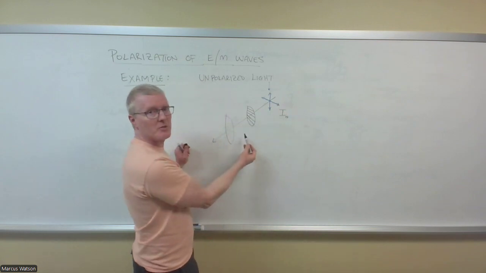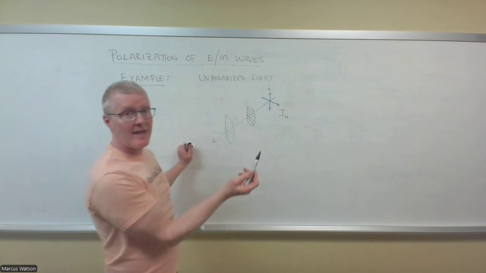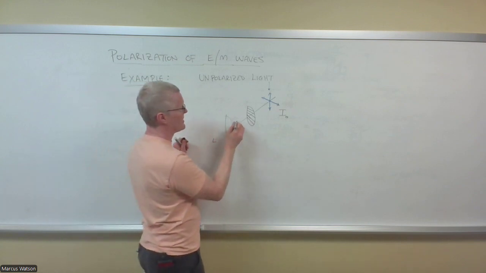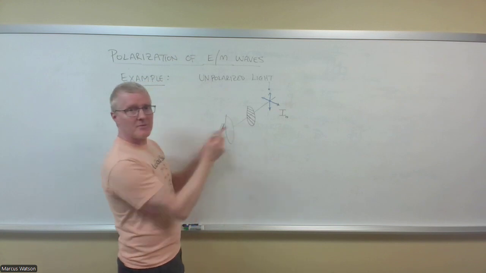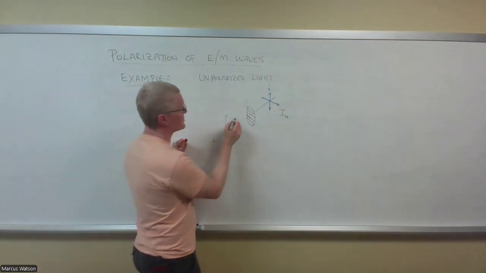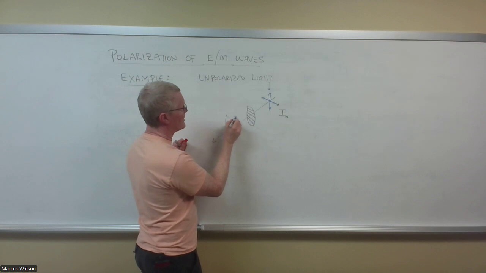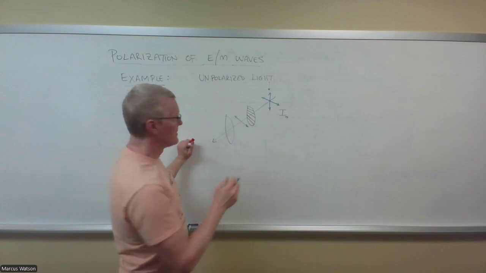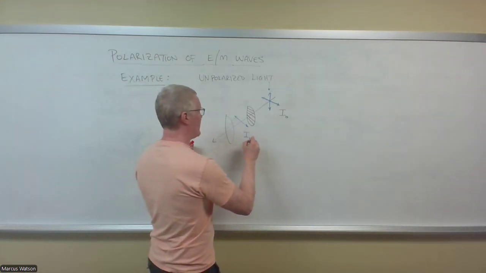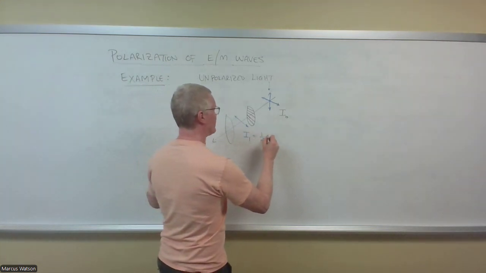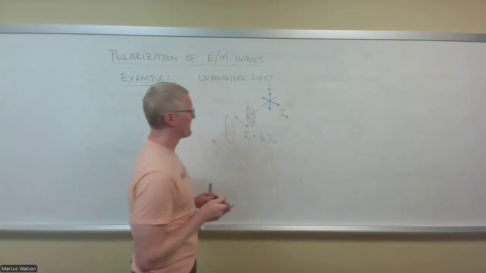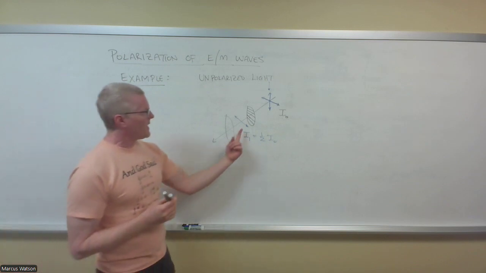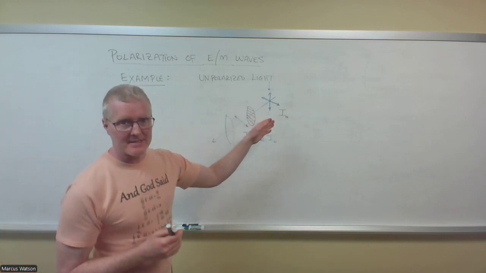First thing this is going to do through the first filter is it's going to cut half of it because it's unpolarized light and it's a Polaroid filter. So the first thing that's going to happen is when I get here, in between the two filters, I'm going to be able to draw that the only remaining piece of that light is that one. Right? So this is, I'm going to call I1, and I1 is equal to 1/2 of I naught. Okay? And remember, I is the intensities.